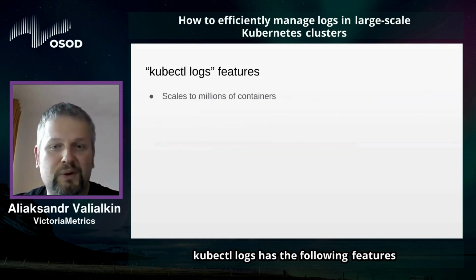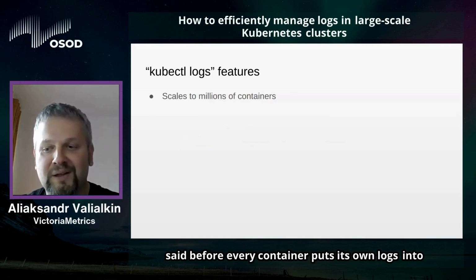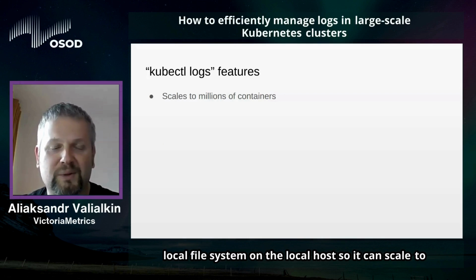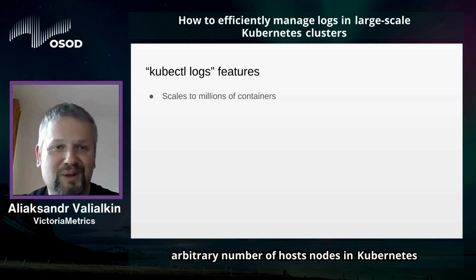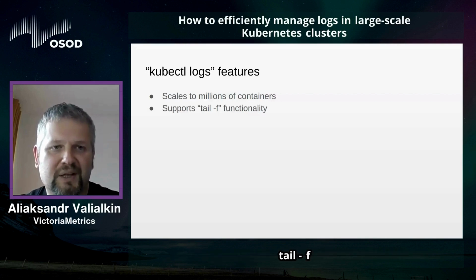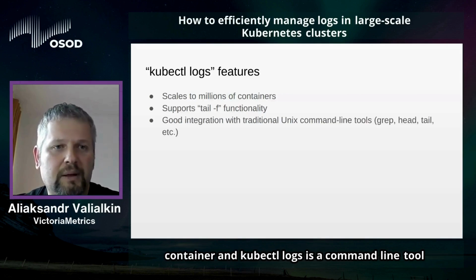kubectl logs has the following features. It scales to any number of containers because, as I said before, every container puts its own logs into the local file system on the local host, so it can scale to an arbitrary number of hosts, nodes in Kubernetes. kubectl logs supports a live tailing feature such as tail -f, so you can investigate logs in real time for any container.